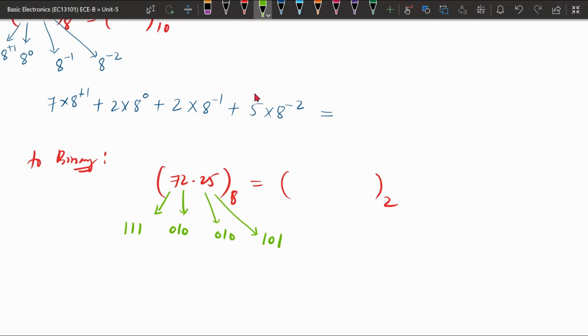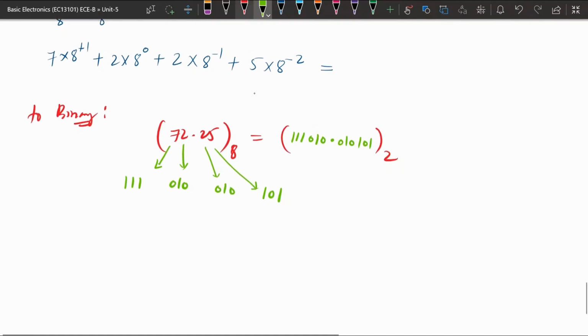So if we want to convert it into binary, it will be 111, then 010.010, then 101. So each digit of octal can be represented by its 3-digit binary representation, and that will give you the binary representation of the octal number. Okay, this is how we can convert it into binary.